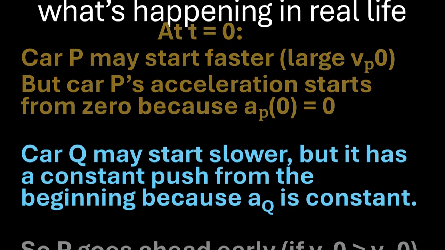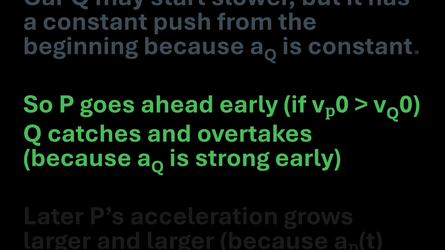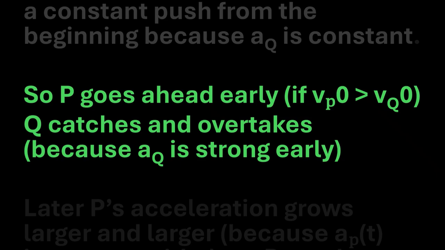Now, car Q may start slower, but it has a constant push from the beginning because a_Q is given to be a constant. As a result, what happens is P goes ahead early itself. Why?